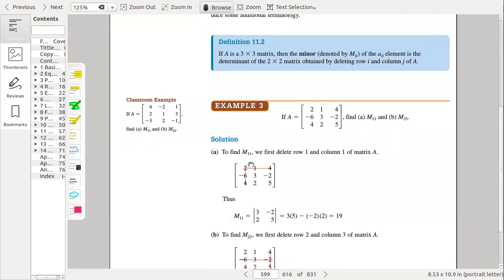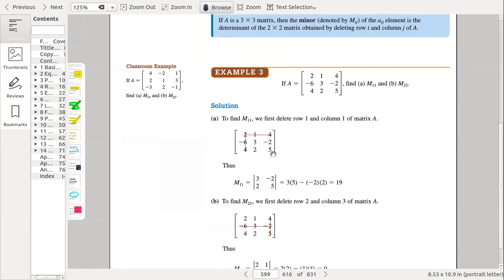To find M11, we first delete row 1 and column 1 of matrix A. Delete this because we are calculating the minor of the entry 2 at position 1 1. So delete the first column and first row. We will have a minor 3, minus 2, 2 and 5. So this is actually a matrix with reduced order.